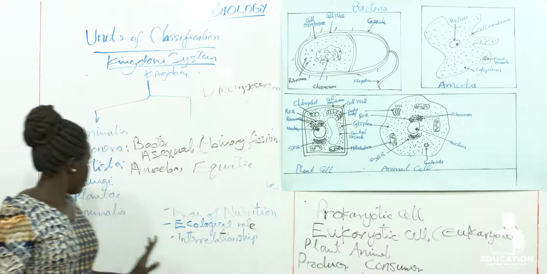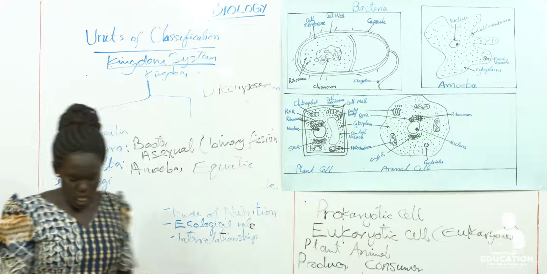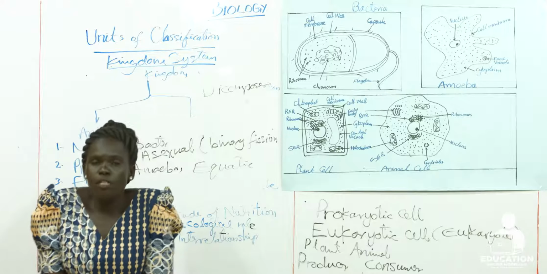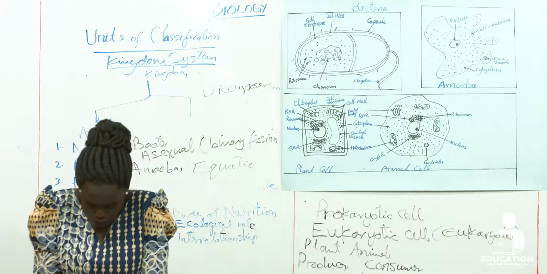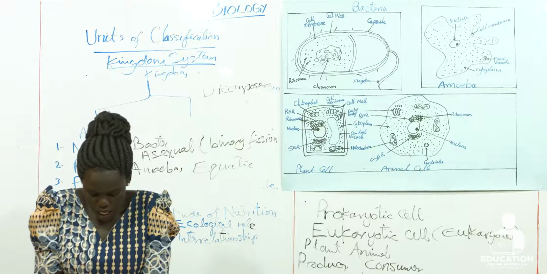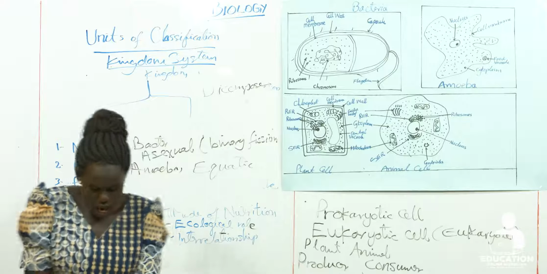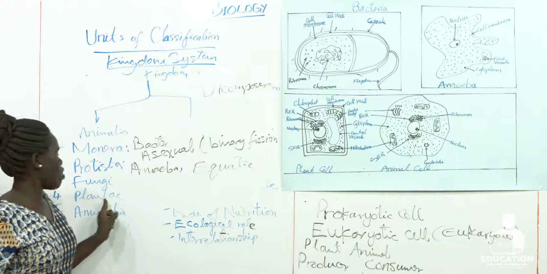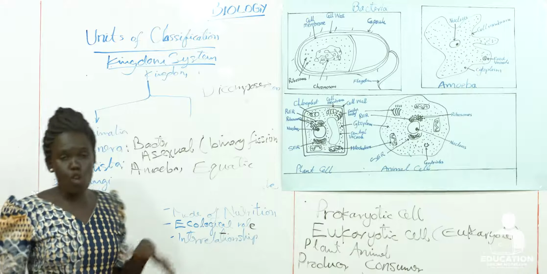The next one, kingdom Plantae. The body is made up of many cells. That's why they are characterized as multicellular, and their cells are known as eukaryotic cells, and they are autotrophic. Autotrophic means they make their food by themselves. They don't locomote.